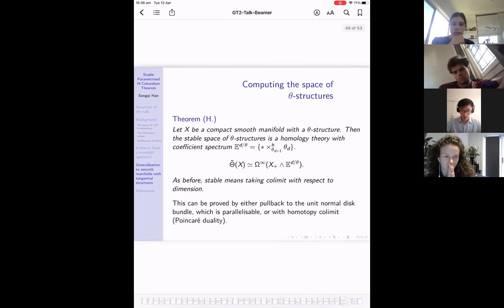It would be much easier to compute the space of tangential structures if you have a parallelizable manifold stabilized. Or we can prove it using homotopy theoretical methods, which is a generalized statement of excisiveness.